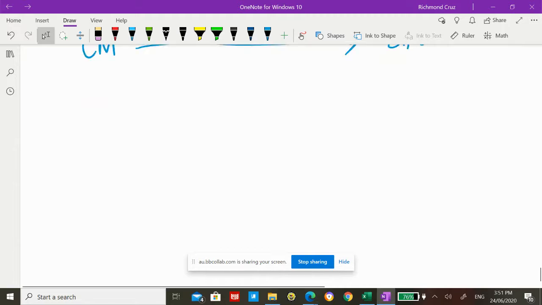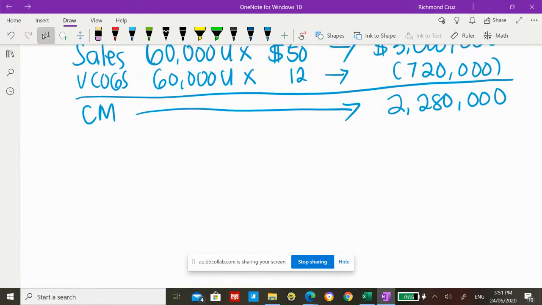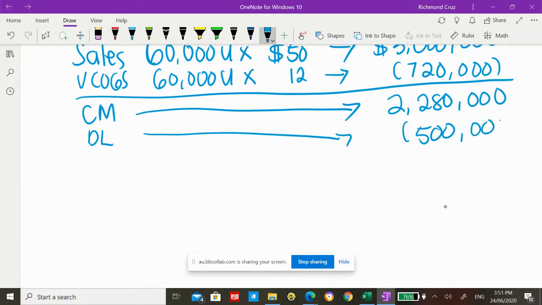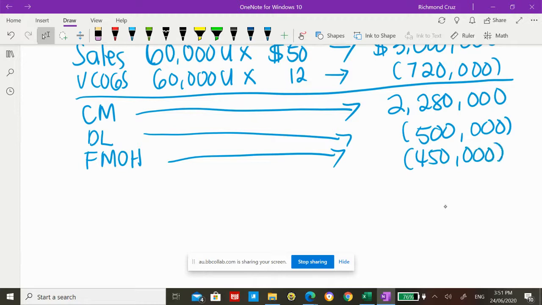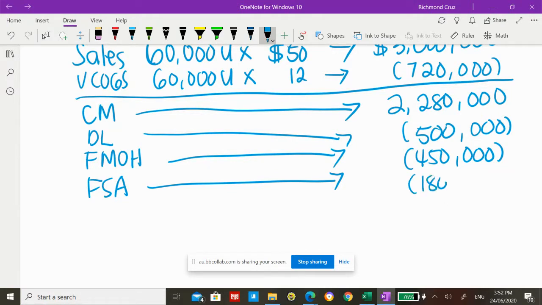Sorry for that one. And that is direct labor. So we have direct labor, that is 500,000, and also the fixed manufacturing overhead, and that is 450,000, and also the fixed selling and admin expense, that is 180,000.